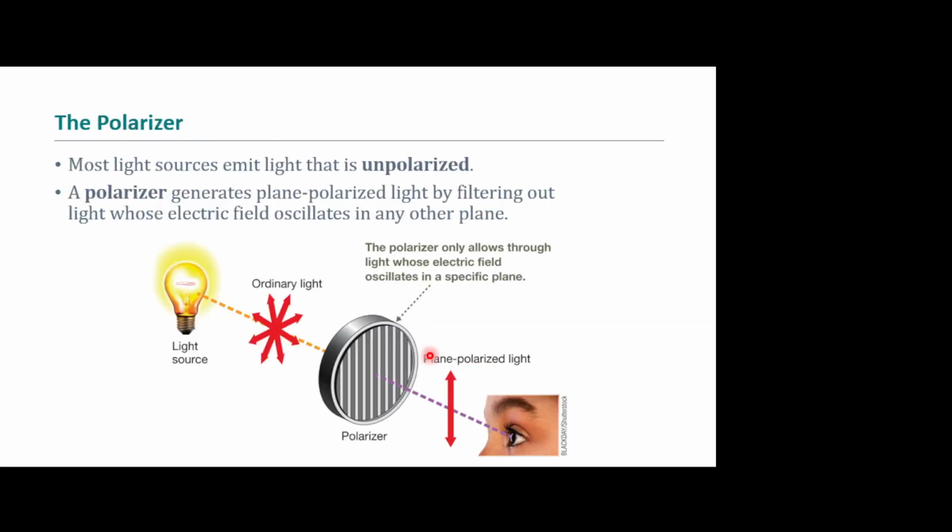Okay? Okay, so this right here is a polarizer. Most light sources are actually unpolarized, though not in modern day because of a lot of LEDs. LEDs are polarized typically, unless they're designed not to be. A polarizer is going to generate plane polarized light by filtering out light whose electric field oscillates in the other plane. You guys have seen those sunglasses where it's like straight lines?